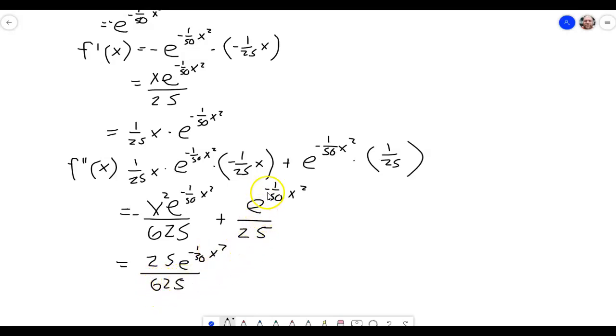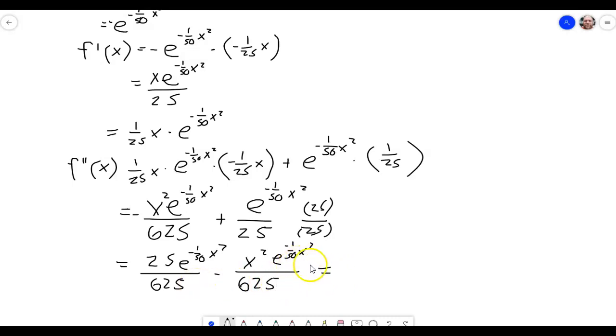That's this term here, just multiplying a 25 over a 25. And then we'll have a minus x squared e to the negative 1 over 50x squared all over 625.